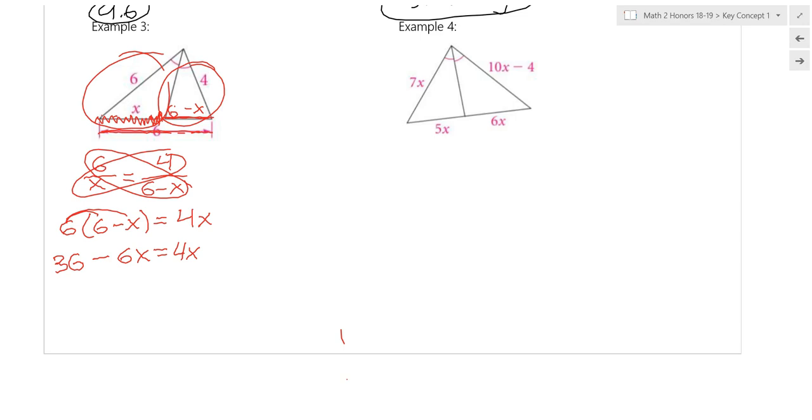Now I have two variables and only one constant. So the variable that's with the constant is the one that needs to move. 4x plus 6x gives me 10x. Divide both sides by 10. Get 18/5 or 3.6.